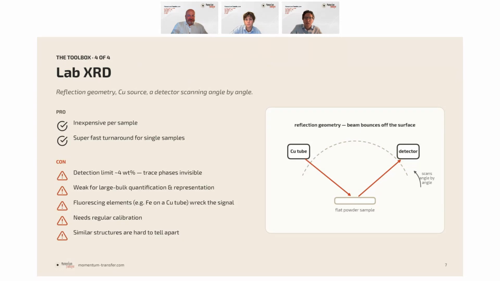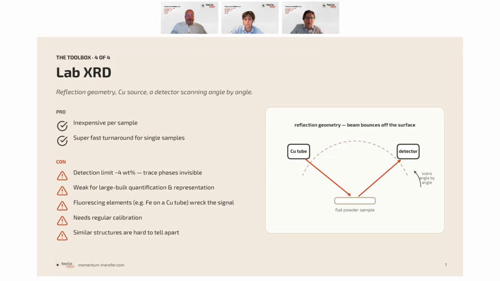That can be in the order of about 4 or 8%. So your trace phases will definitely not show up in your laboratory devices. If you want to do a lot of samples, it does get rather tedious, as these machines do require a decent amount of time to collect good data.